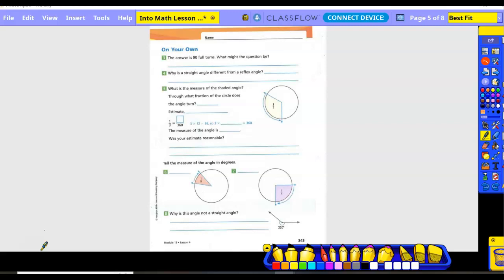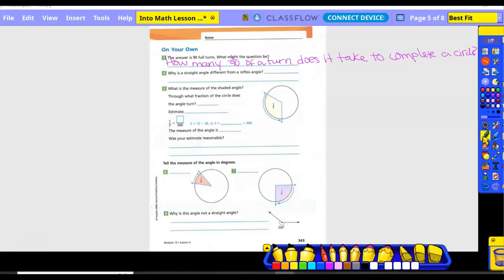Okay, so how many 1/90th of a turn does it take to complete a circle? Okay, so question mark, right?